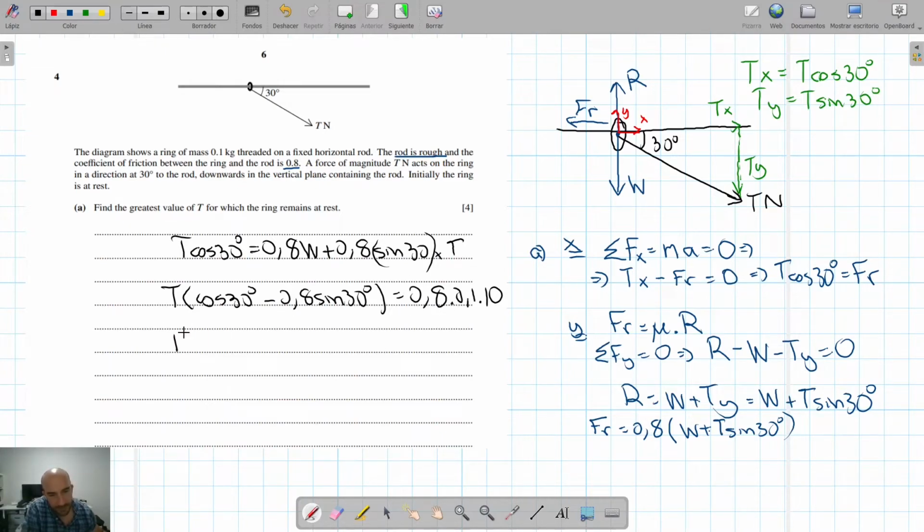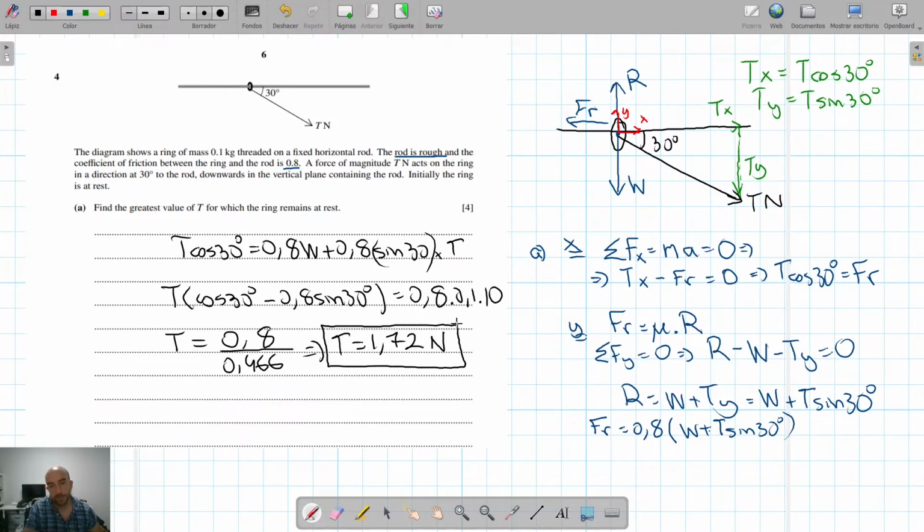Okay, so T equals 0.8 divided by all that, which is cosine 30 minus 0.8 sine 30, which is 0.466. So 0.8 divided by 0.466. So that's T is 1.7167, which is 1.72 with 3 significant figures, newtons. So that's the tension that would just keep it at rest and be about to move.